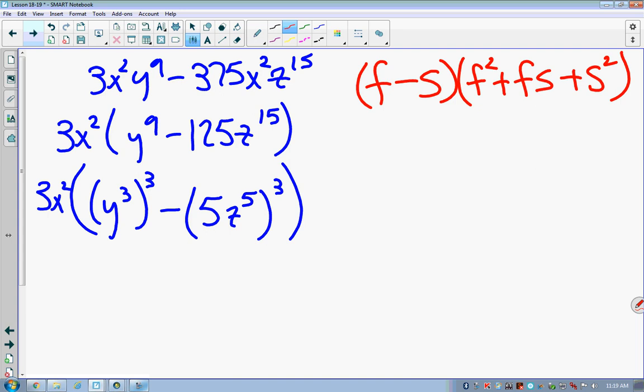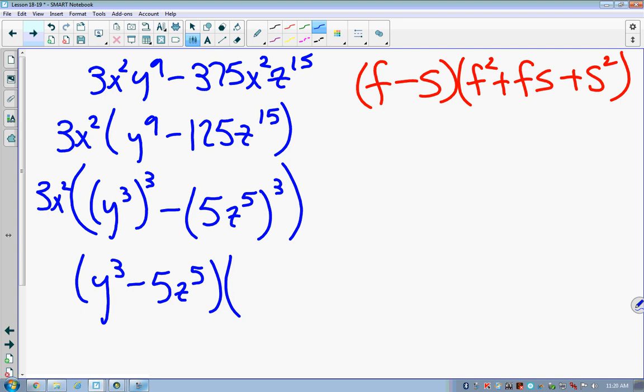Okay? So my first term is y cubed. My second term is 5z to the 5th. Okay? So we're just going to keep this y cubed minus 5z to the 5th like this. So this is term 1, y cubed. This is term 2, 5z to the 5th.